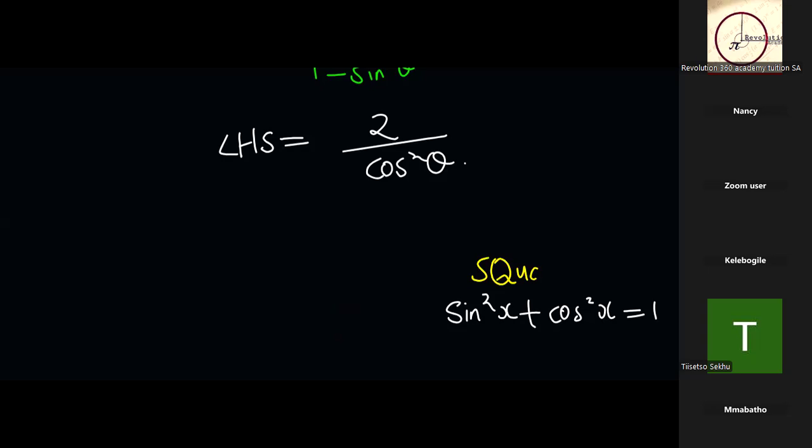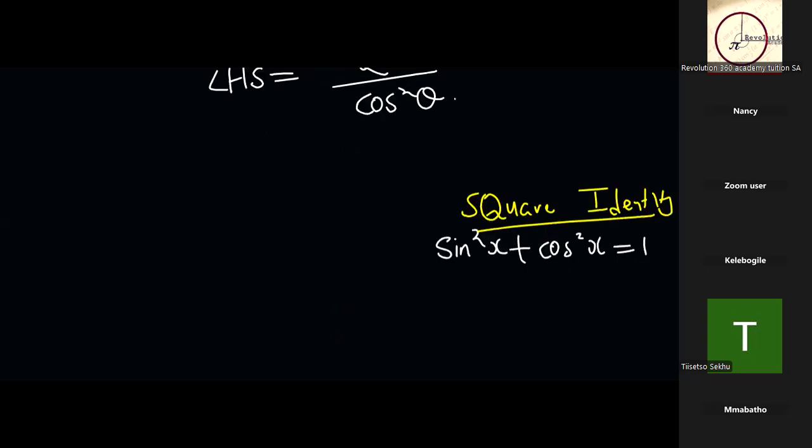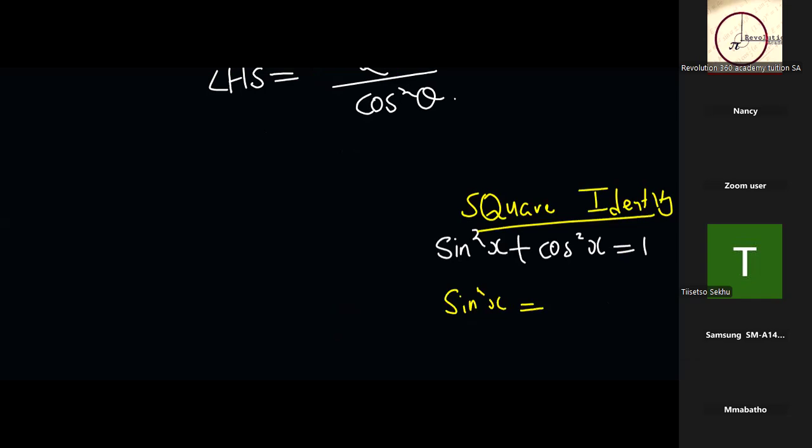So the square identity says sin squared x plus cos squared x is equal to 1. And then you can make any of those the subject of the formula. So if you are making sin squared x the subject of the formula, it will be 1 minus cos squared x. If you're going to make cos squared x the subject of the formula, it's going to be 1 minus sin squared x.